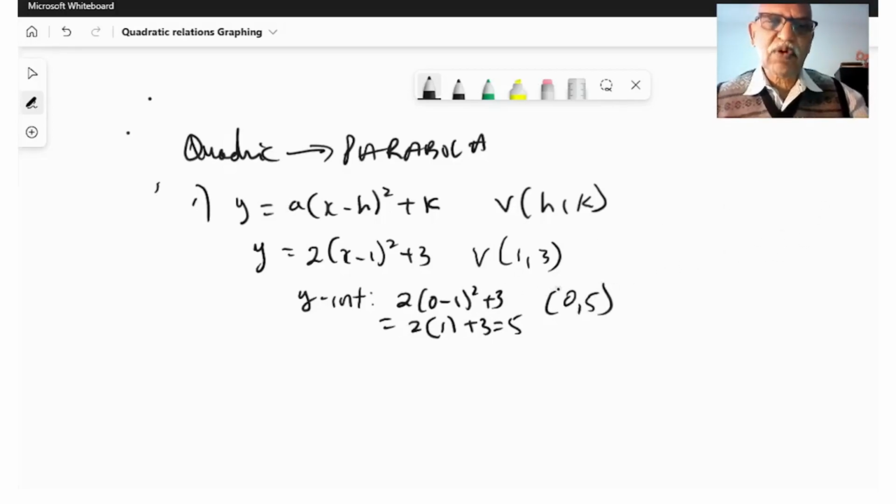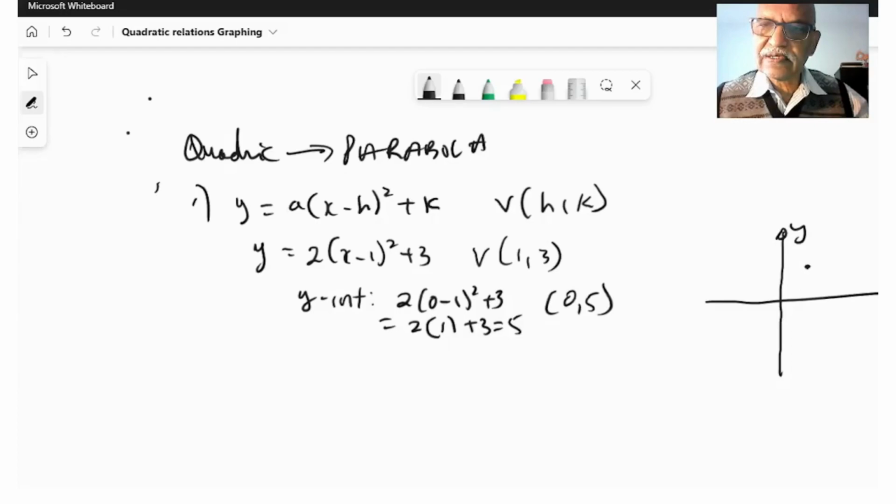To find another point, which is a symmetrical point, I visualize the graph first. So I take x coordinates, y. The vertex is (1, 3), which is here. The y-intercept is (0, 5), which is around here. This is 5. So this is a line of symmetry.